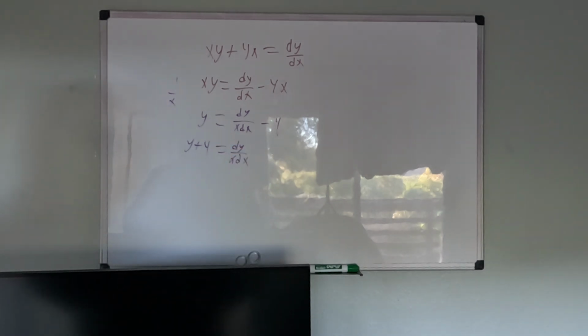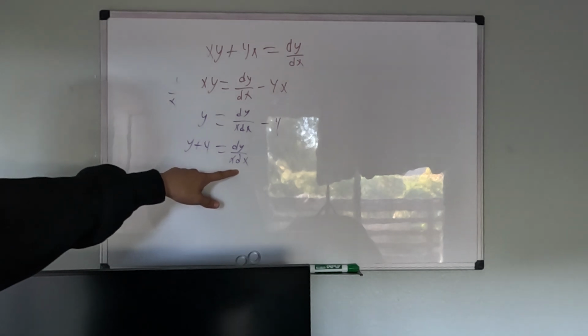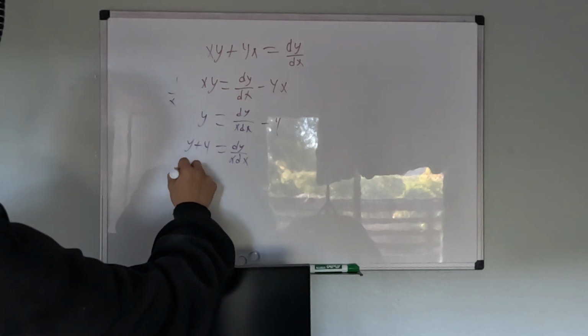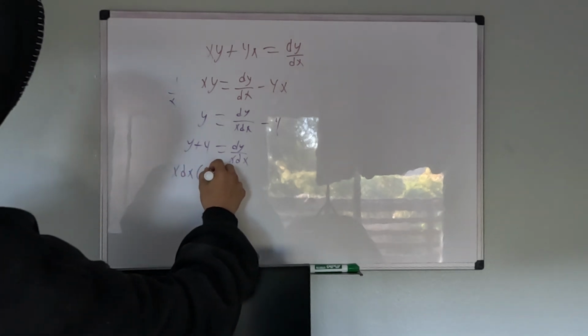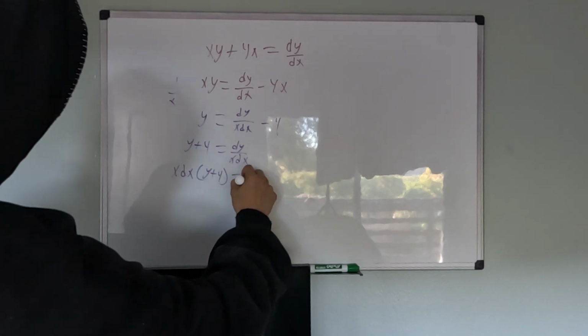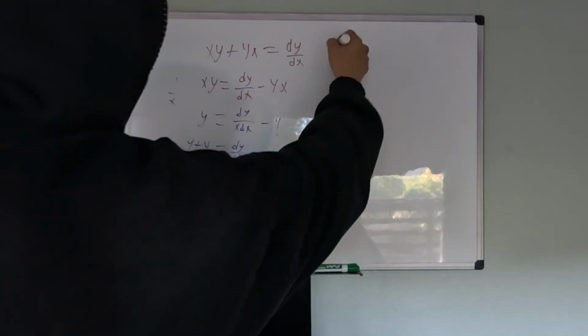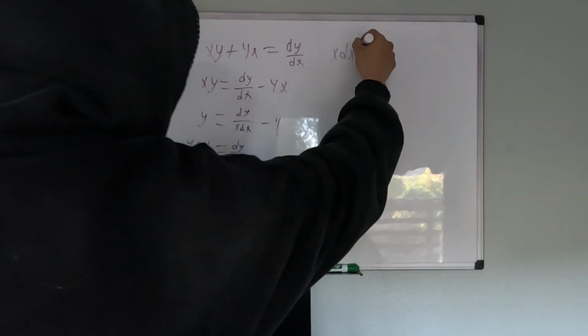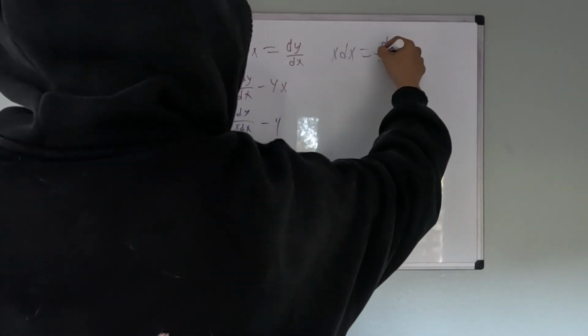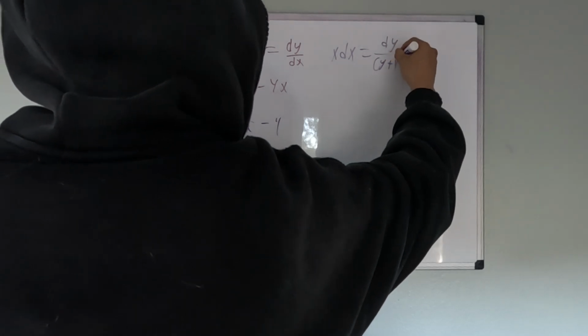Now, what you could do, multiply both sides by x dx. Let's get x dx times y plus 4 equals dy. Divide both sides by y plus 4. Now you get x dx equals dy over y plus 4.